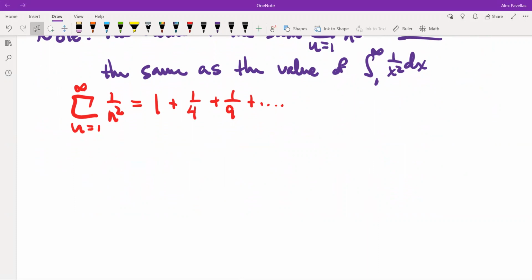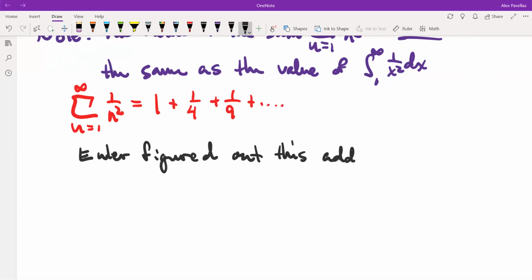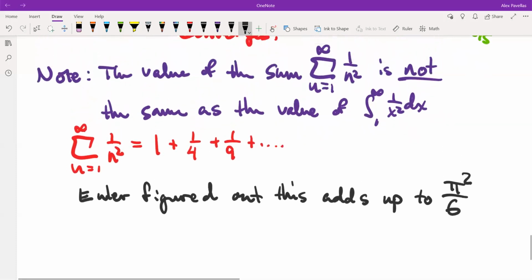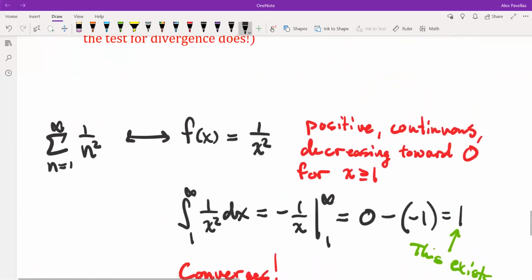But eventually this guy Euler, who you may know from some of your other classes, figured out that this adds up to pi squared over 6. This is not at all obvious, and I'm leaving this sort of as a mystery for you, because as of right now, you don't have the tools to figure this out. But if you're really clever, you might be able to figure this out.